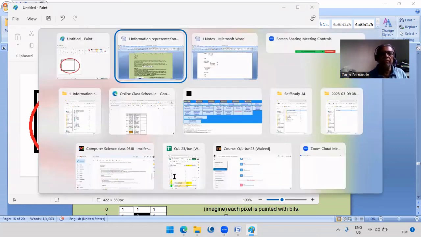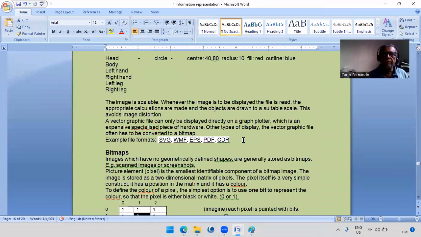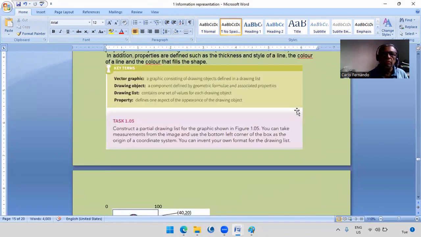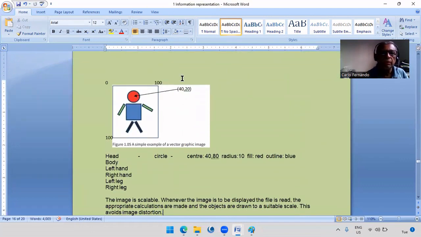Whereas in the vector graphic, it's not that. The file saves all this information, the list that we make here. And every time you increase or decrease the size, the file information is read and the appropriate calculations are made. The center will change according to the full range.